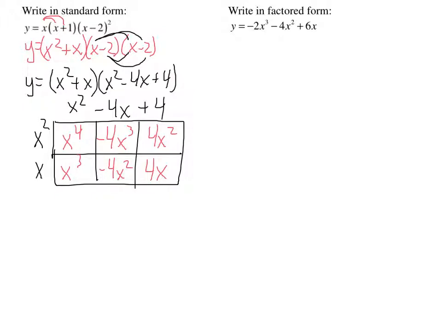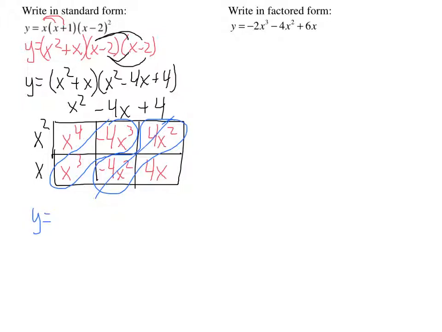Do any of the 6 terms combine? Yeah. Have you noticed when you do this box, they combine diagonally a lot of times? Not always, but those tend to be the combiners. So don't these combine? And, oh, when the x squareds combine, don't they cancel? Do you see when I combine these, don't they actually just cancel each other out? So we end up with, we get y equals, what's my highest power?